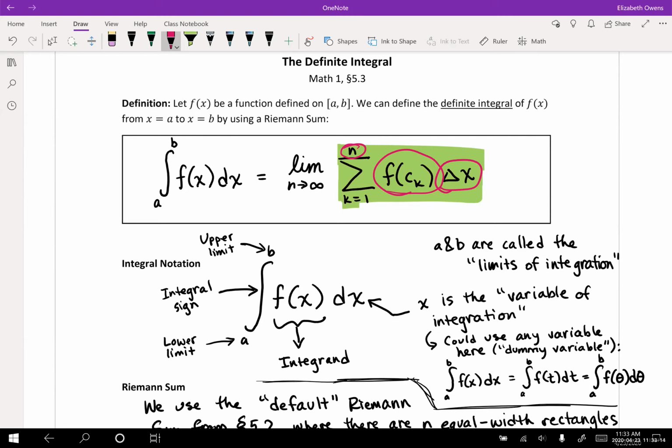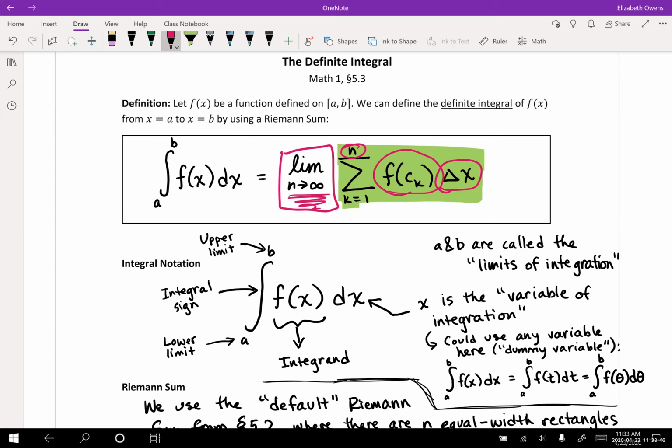Now for this definition, we tacked on this extra limit in the front. Limit as n goes to infinity. So that means your number of rectangles is going to infinity. And we could see, especially with the computer simulation there, how much more accurate of an area estimate we could get by using more and more rectangles. And now we are using the most rectangles. We're using an infinite number of rectangles.